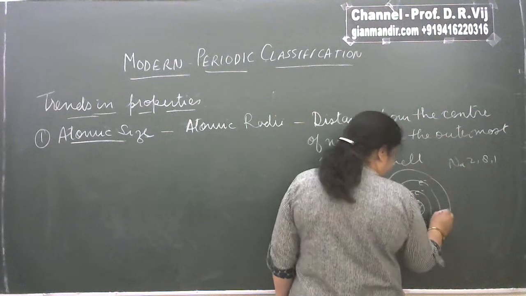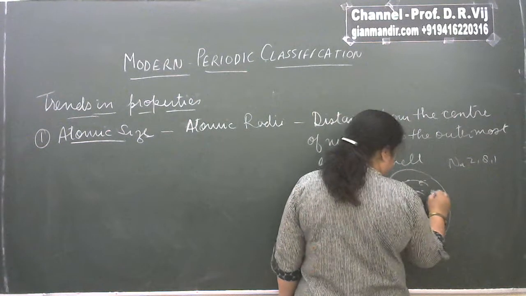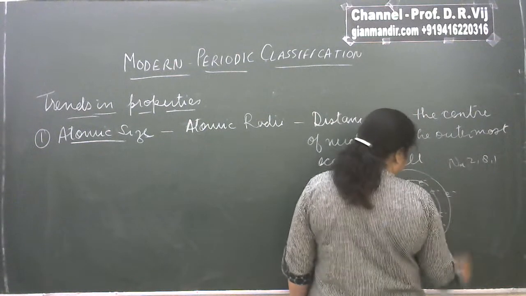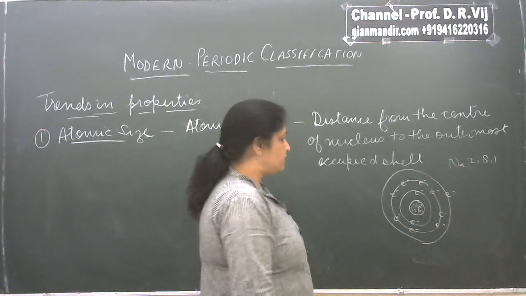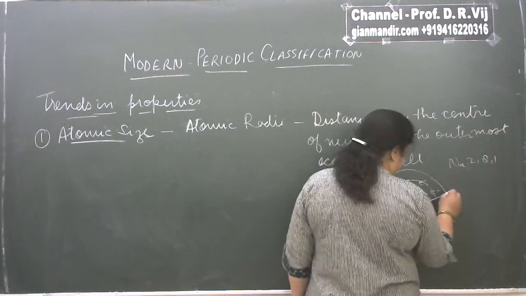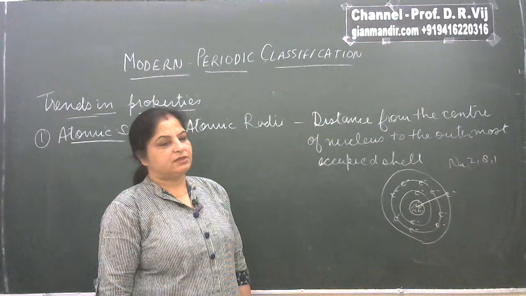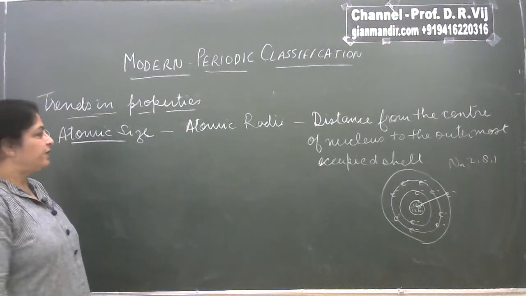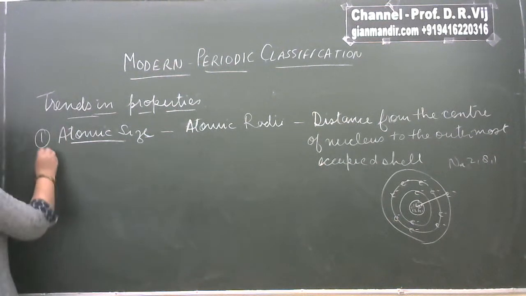In the second shell there are total 8 electrons, right? And in the outermost shell there is only 1 electron. So if we talk about the radius of sodium atom, it is a distance from the center of the nucleus to the outermost shell. This distance is known as atomic radius, right?